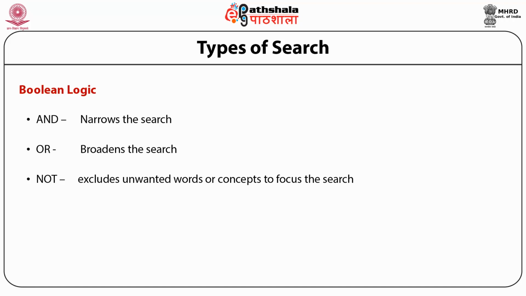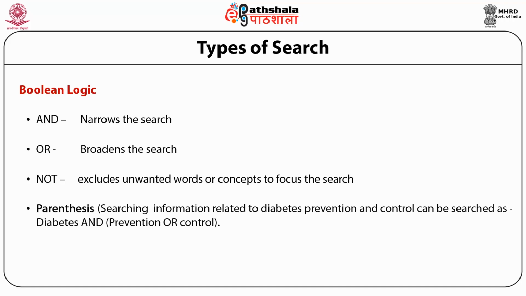Now coming to the parenthesis. The search technique is used to force the order of how information is retrieved. For example, the retrieval of information related to diabetes prevention and control can be searched as diabetes AND, under bracket, prevention OR control.